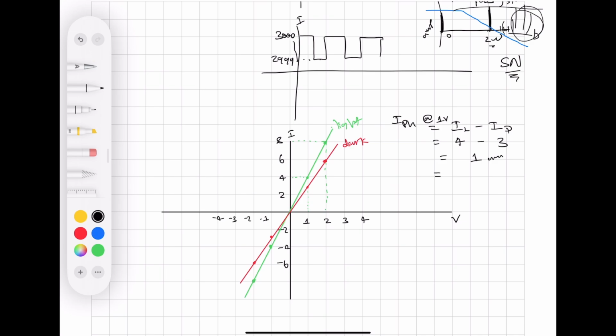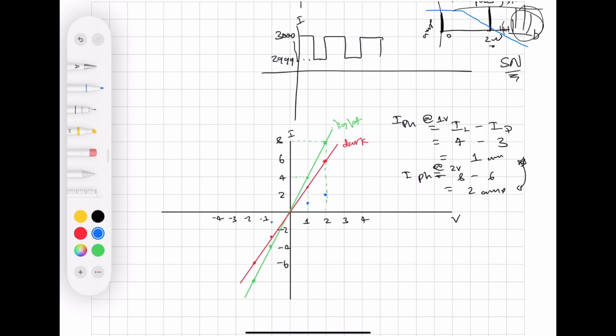Similarly, at 2 volts, it's going to be 2 amps. You see that they're following a straight line. At 1 volt, we have 1 amp, and at 2 volts, we have 2.